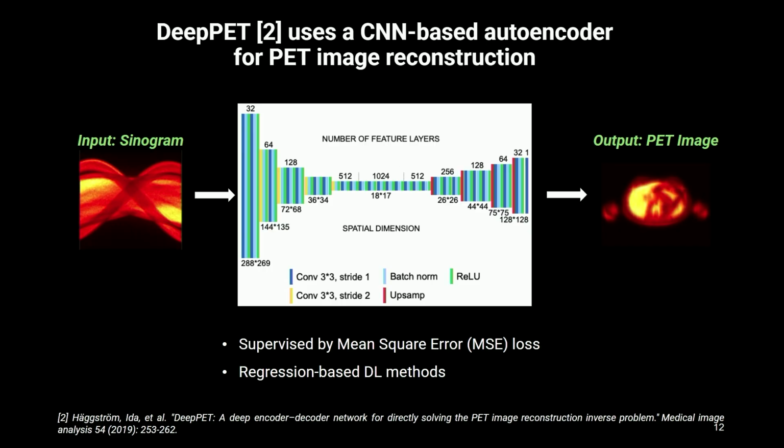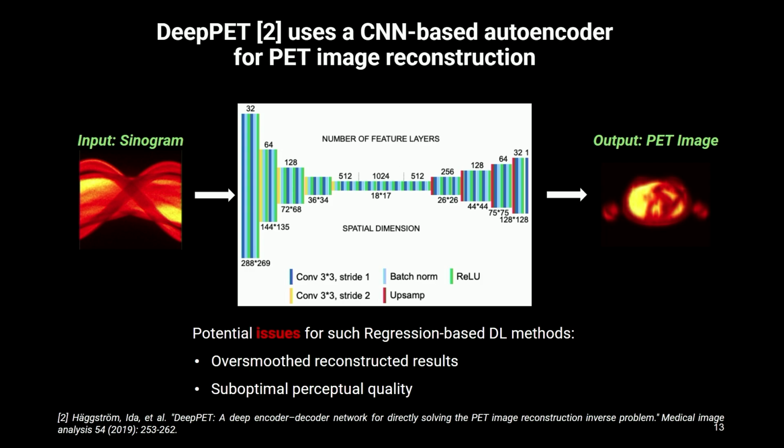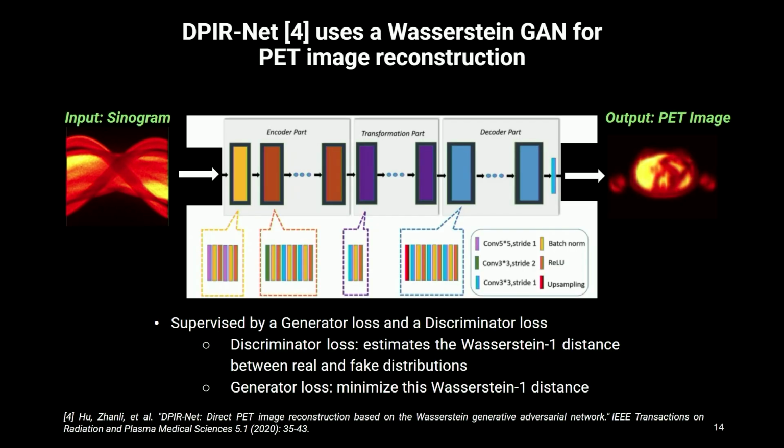Such models, like DeepPET, that are solely supervised by the MSE loss, we usually call regression-based deep learning models. Because of the nature of the MSE loss, they tend to average over the uncertainty, which means the reconstructed results from such models are always oversmoothed with suboptimal perceptual quality.